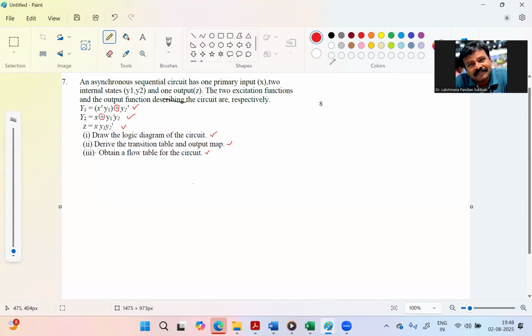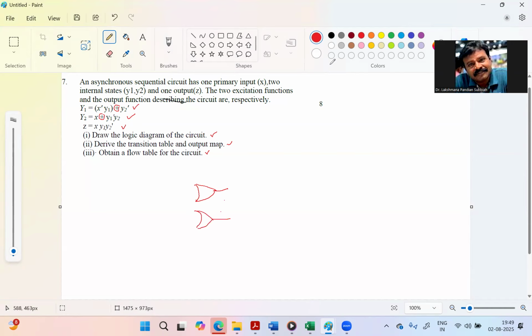So first you draw two OR gates, one OR gate, then another OR gate.